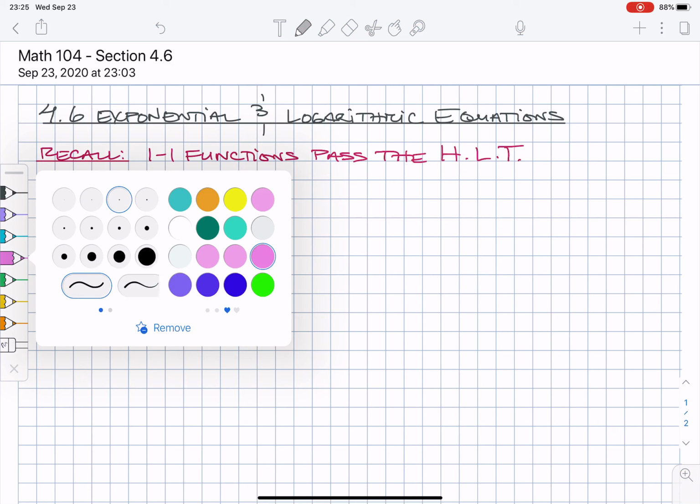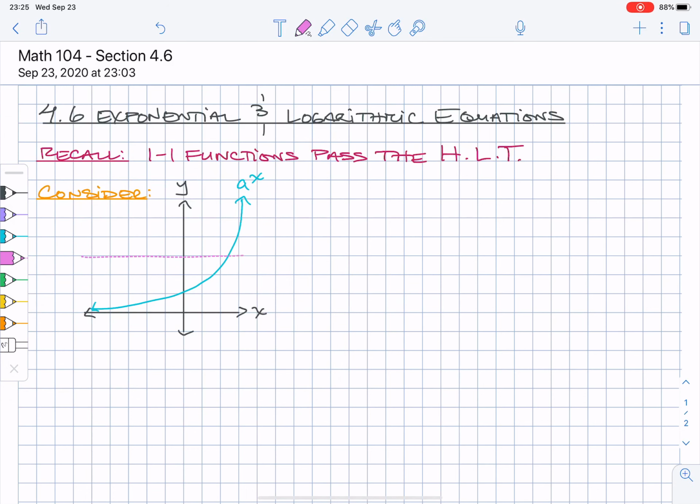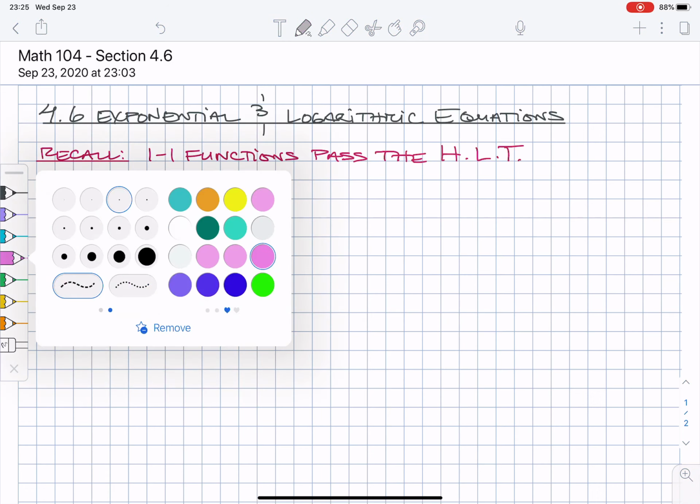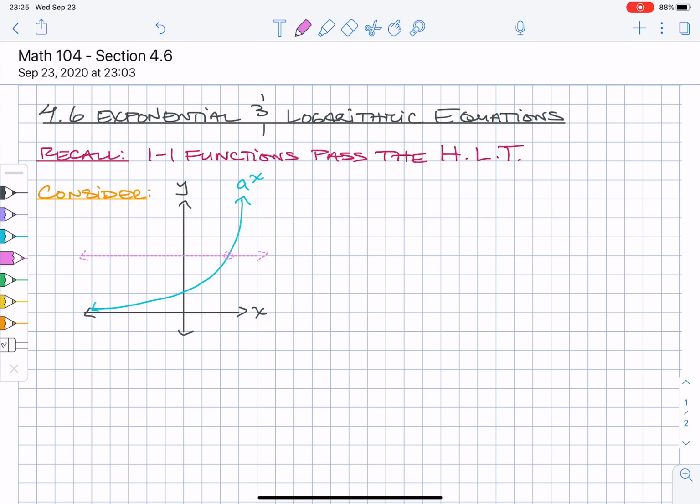It should be evident that any horizontal line will intersect this graph in at most one point. And if that horizontal line is beneath the x-axis, 0 points. And that's fine, as long as it's at most 1 point. So for all a to the x exponential functions, this implies one-to-one.